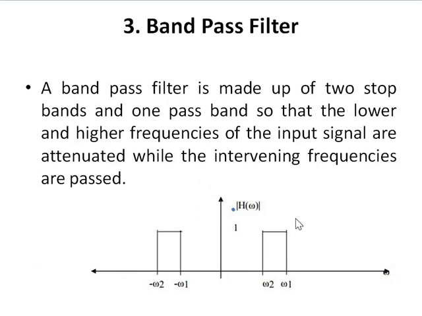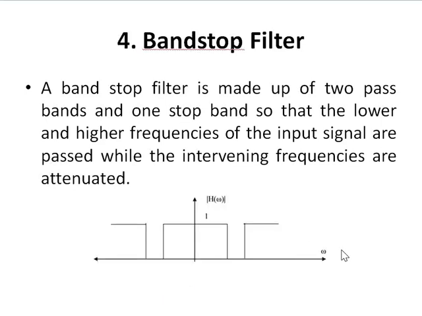Now coming to the band pass filter, it allows a certain band of frequencies and attenuates all other frequencies. And coming to the band stop filter, that is the reverse operation of the band pass, it does not allow a certain band of frequencies and allows the other bands of frequencies.